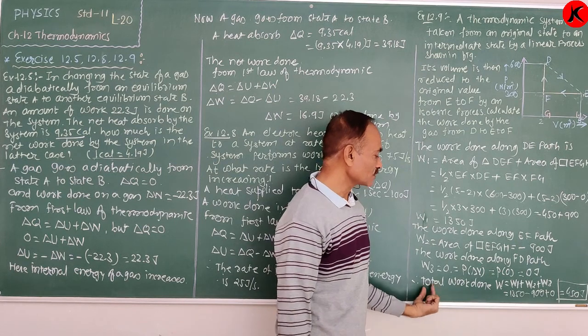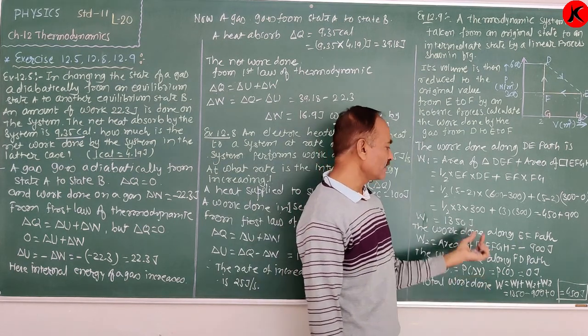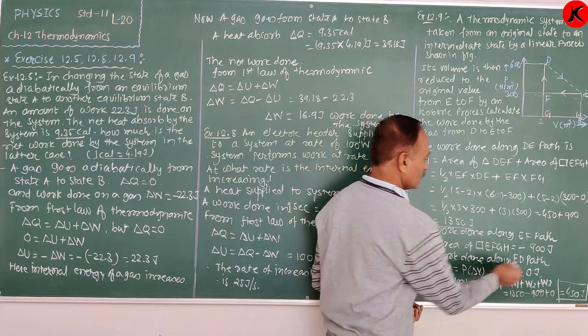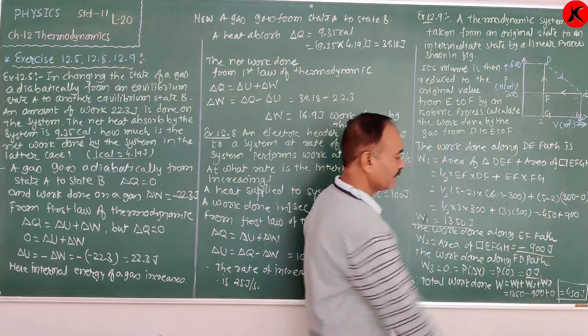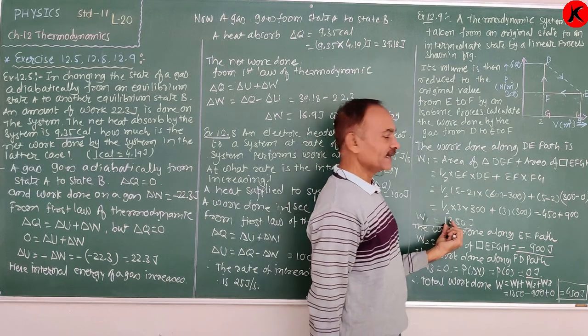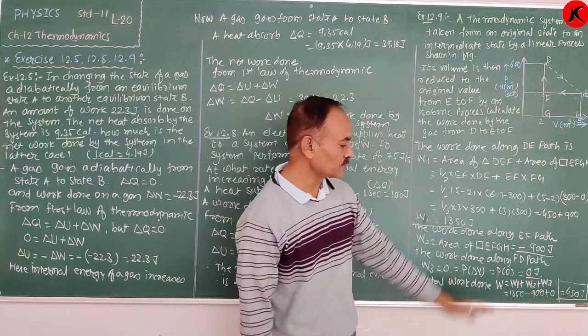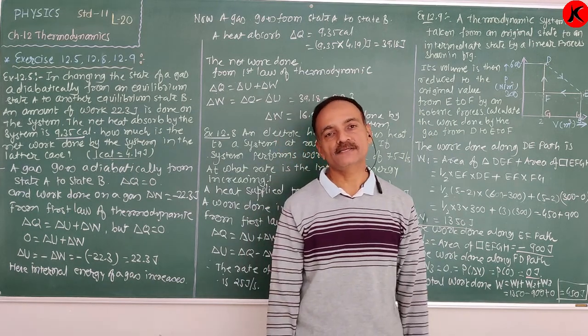Therefore, the total work done W is the addition of these three, W1, W2 and W3: 1350 joule minus 900 joule plus 0 joule, that means 450 joule.